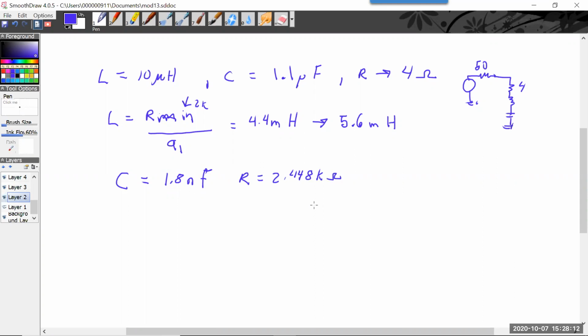Now, we know that we have a limited range, so you can get 2.49 kilo ohms, and that would be your design.